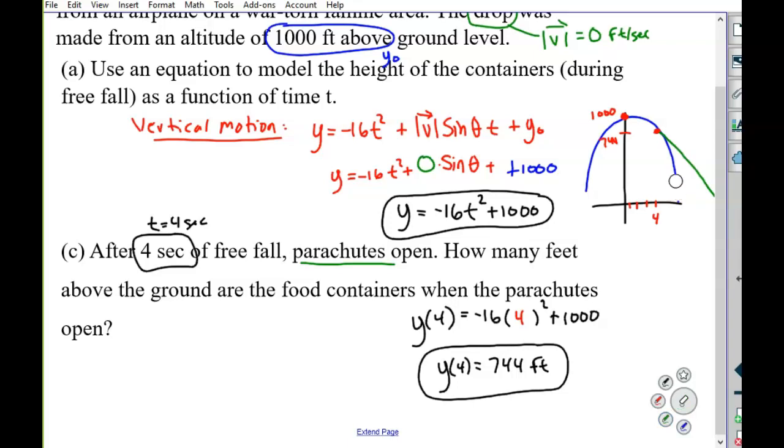So the blue part of the graph down here might not be accurate, and that's creating what's called a piecewise function, because there are 2 different things going on: the free fall versus the parachute, which is going to have a different effect on the graph. But what's the connection here? We can use this idea of vertical motion if we know the speed, angle, and initial height.